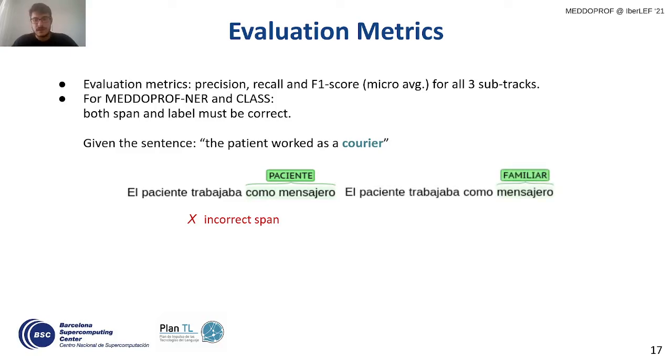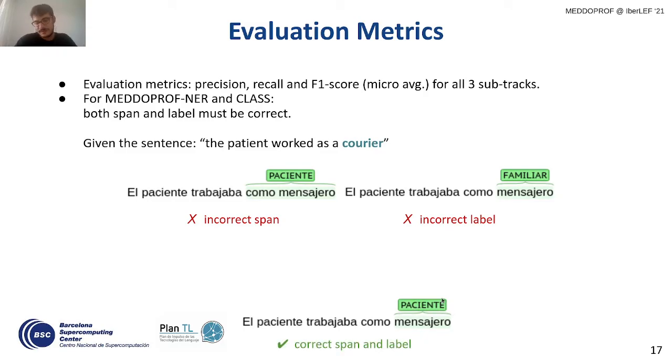And if they predicted mensajero but assigned the family member label, this was incorrect because the label is incorrect, sorry. So what would be the correct prediction? Only mensajero is predicted and its label is patient. This has both the correct span and a correct label.